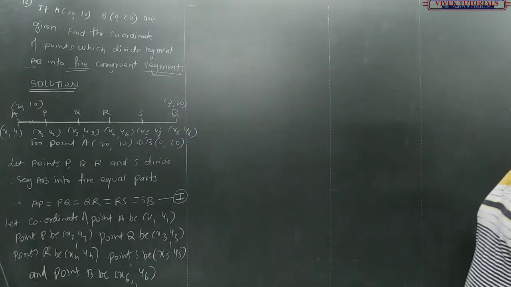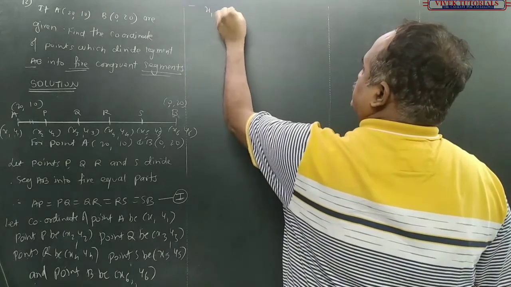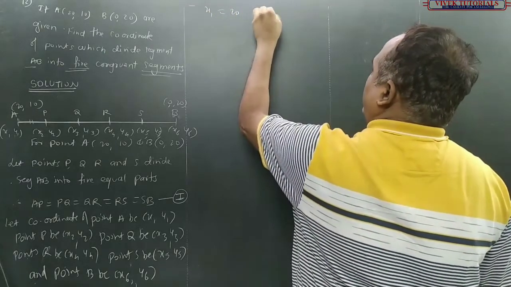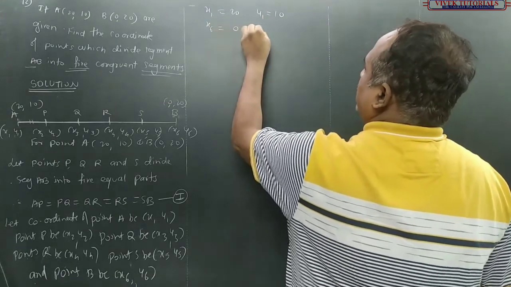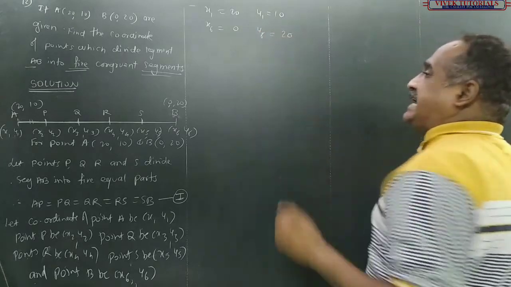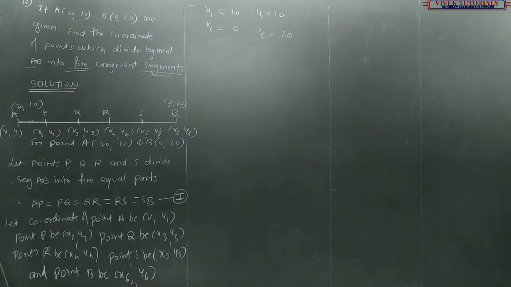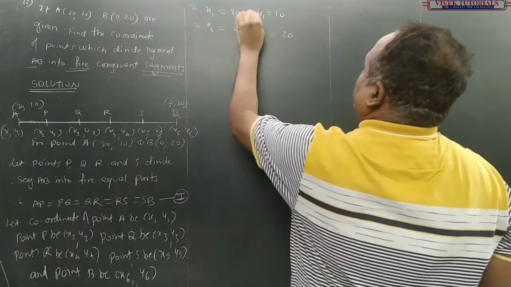We know x1 is 20, y1 is 10, x6 is 0 and y6 is 20. Got it? So this is the value of x1, y1, this is there.